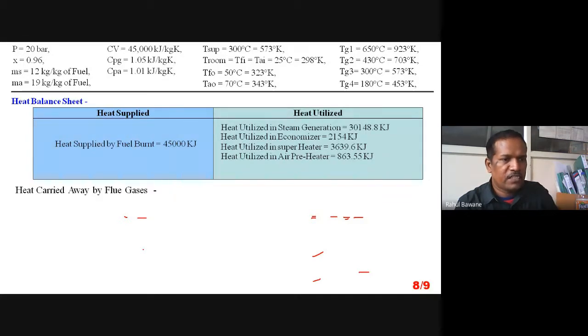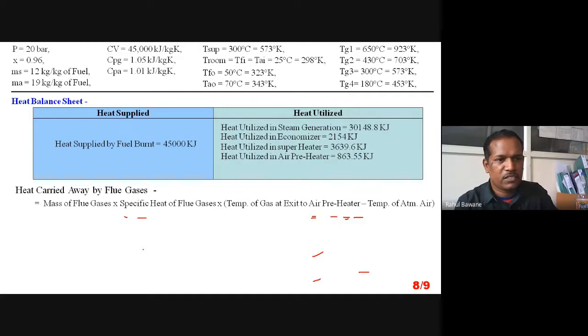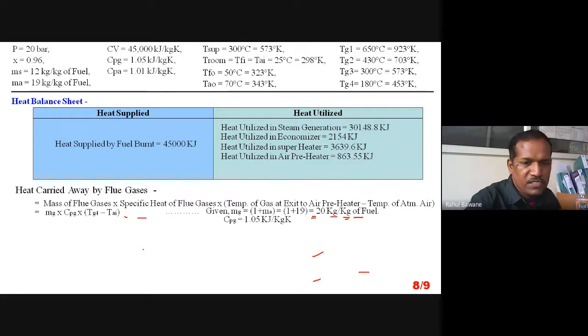So next part is heat carried away by flue gases. So mass of flue gases, specific heat of flue gases, and temperature change. So mg cpg into temperature change, that is exhaust gas temperature entering the atmosphere minus atmospheric air temperature. Now how much is the mass of exhaust gas? Because mass of exhaust gas is not given. So it is considered that the mass of exhaust gas is always equal to the mass of fuel plus mass of air.